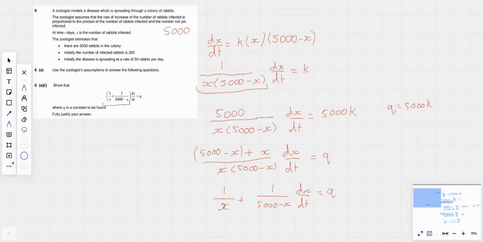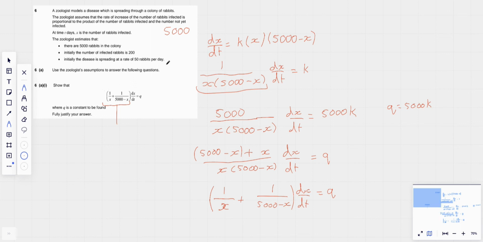Now, not always is it going to seem totally obvious what to do, and that's why I encourage you to work with this, combine the fractions, go a step backwards in order to make doing this, what we've just done here, a lot easier.